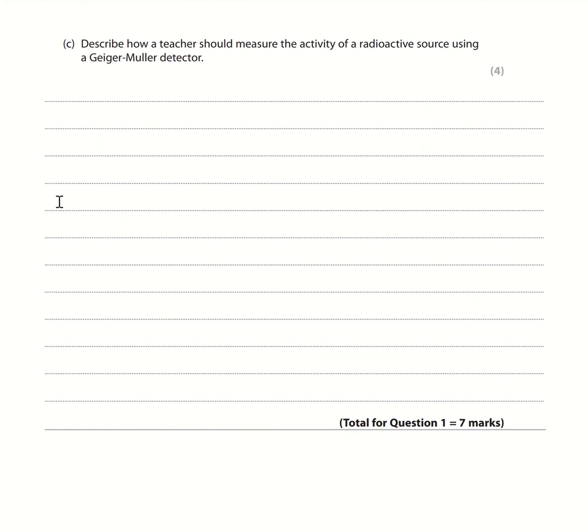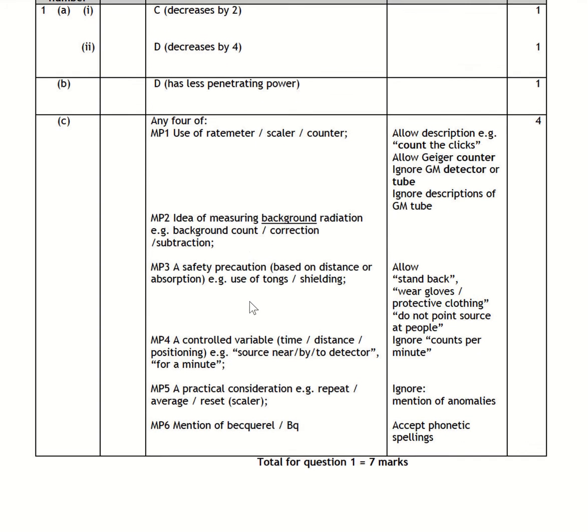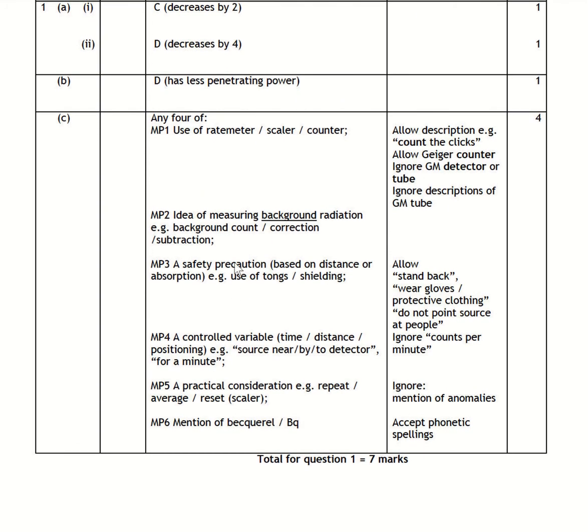Describe how a teacher should measure the activity of a radioactive source using a Geiger-Müller detector. Use the counter to measure background radiation, and a safety precaution based on distance, use of tongs and shielding.